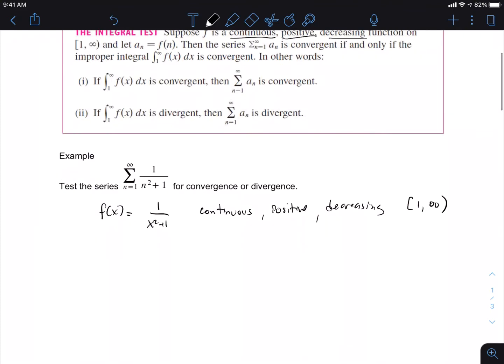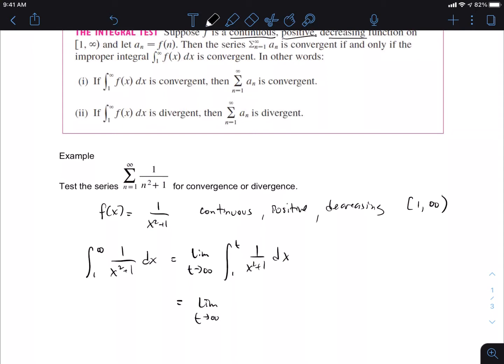Now what we can do with the integral test is take the integral from 1 to infinity of 1 over x squared plus 1 dx. But since we're going to infinity, we can't do an integral to infinity. We don't do it that way, so we take the limit as t goes to infinity of the integral from 1 to t of 1 over x squared plus 1 dx. What's going to end up happening is I get the limit as t goes to infinity of the integral of 1 over x squared plus 1.